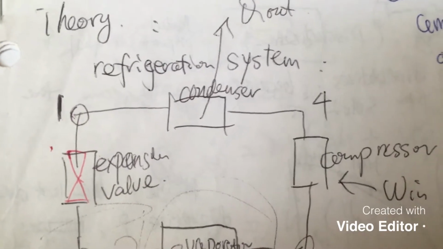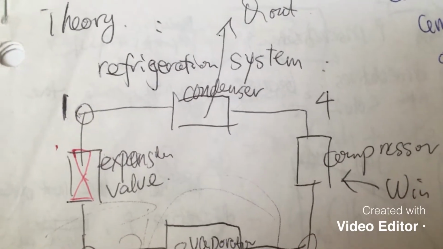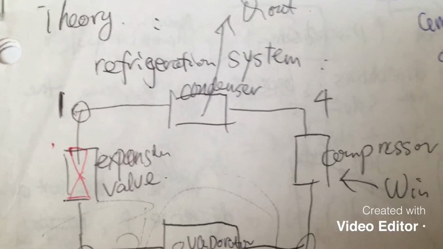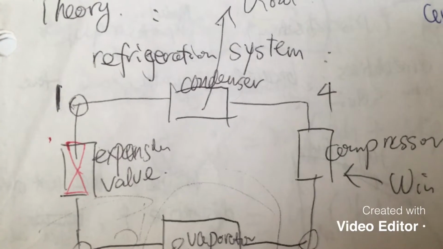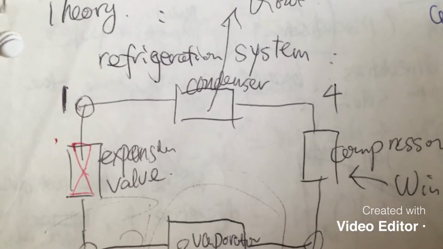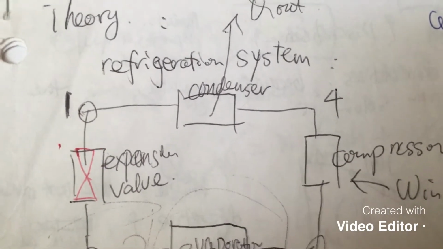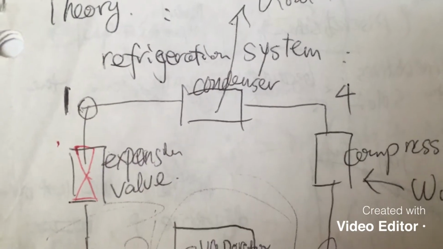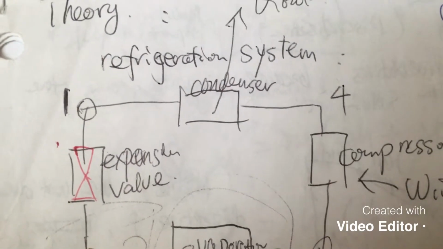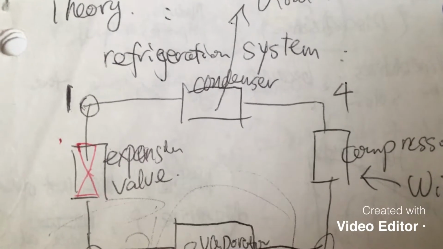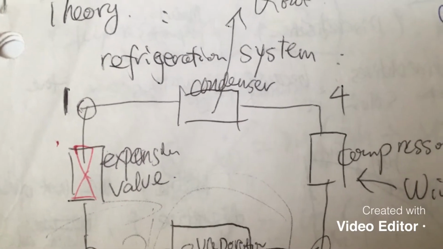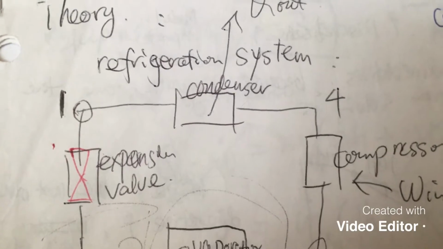So the water goes through the heat exchanger, goes through the condenser, removes the heat from the refrigerant. So the energy has to be balanced in the condenser. So the loss of energy, the loss of heat in the refrigerant side will be equal to the heat gain in the water side.